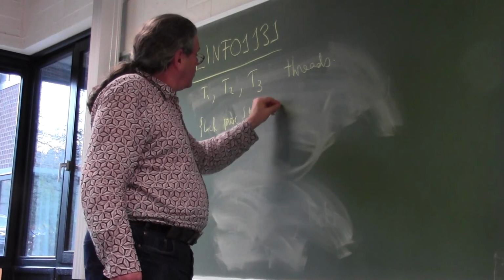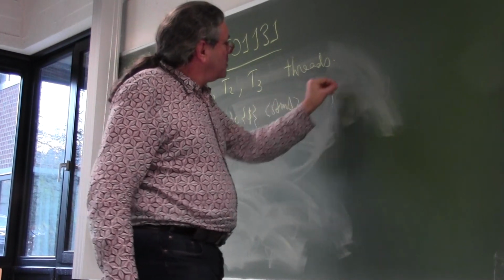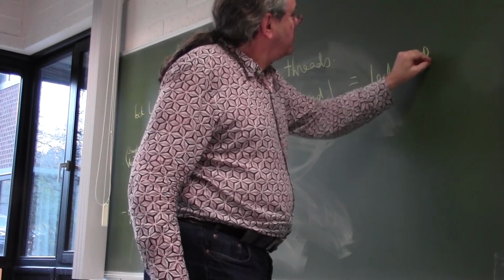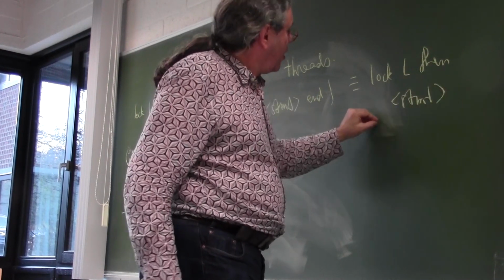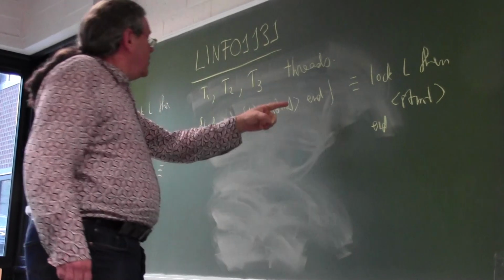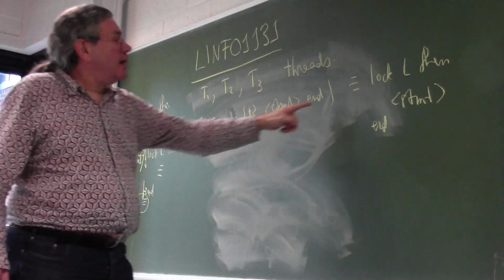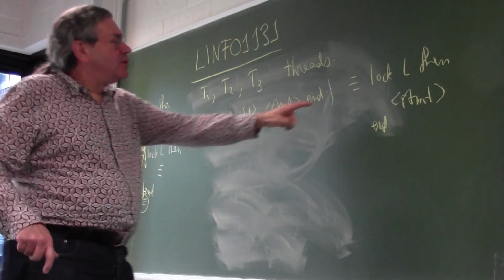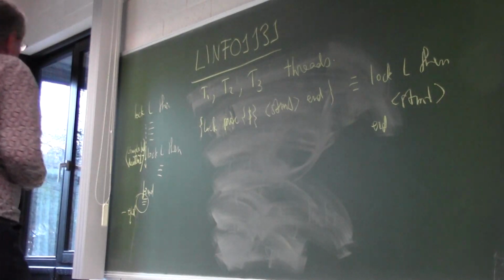So here's a statement that we want to execute. End. So this corresponds to lock L, then statement end. Okay? It's only syntax, so the semantics is exactly the same. It's only syntactic sugar, this lock L. So all languages that have locks will give you some syntactic sugar, but it's basically just higher order programming.